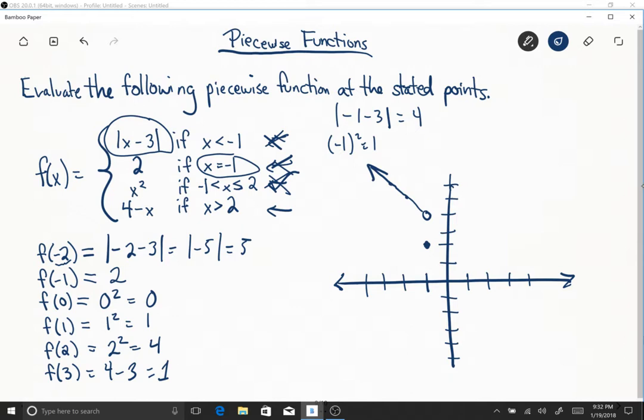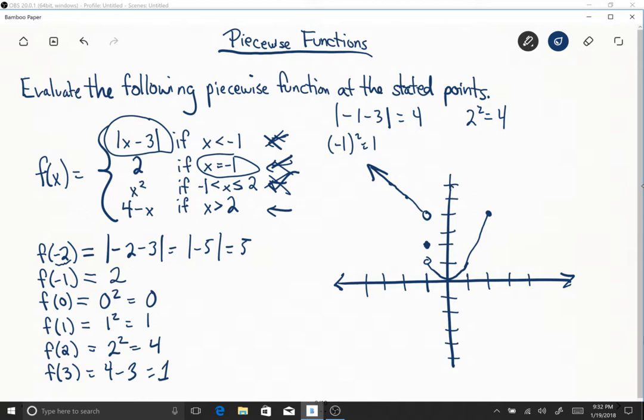So you'll have a hole right there, and it starts to go like this, and then you have that piece. And then at 2, you can notice that that should be 4. And the way we can do that is 2 squared, which we already had calculated. That equals 4. And so there's part of our parabola.